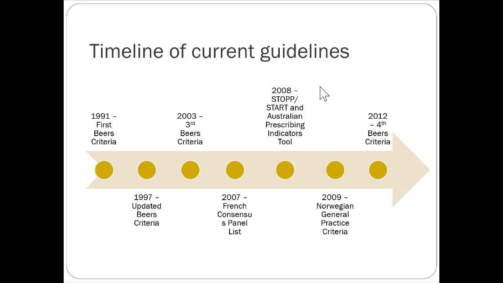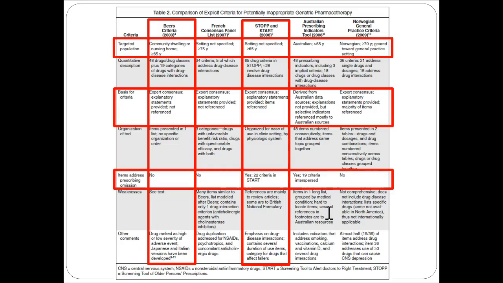The Beers criteria gets updated periodically. And there's some other criteria too, like some European guidelines that came out between the 2003 and the 2012 Beers updates that showed some differences, saying, well, we shouldn't just look at a list of medications. We should look more clinically than that. And so that's been the focus. And we'll talk about that here in a second.